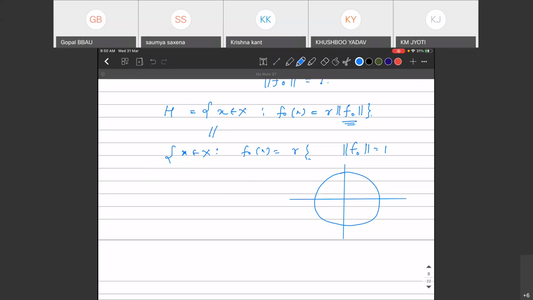Here is point x naught. And so this H is nothing but this. You have already seen this H is a closed hyperplane. This is a closed plane, and it passes through.